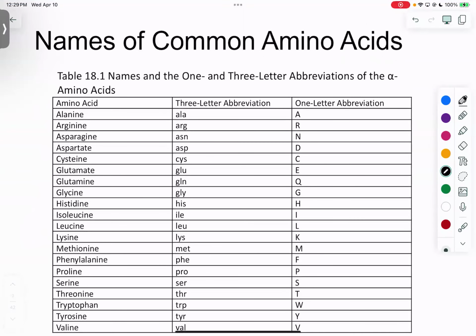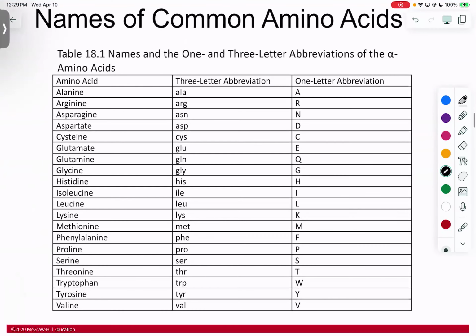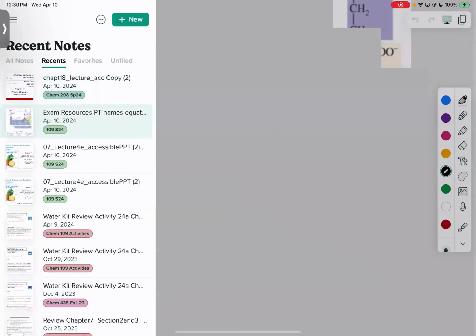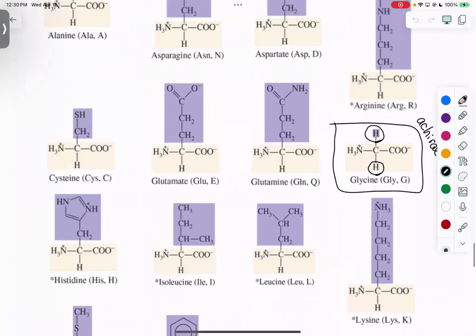All right. So if you look at the amino acids, they have the name, a 3-letter abbreviation, and a 1-letter abbreviation. Do you have to memorize any of the abbreviations? Nope. And the amino acids on your table are alphabetical, so you don't have to go looking for them.